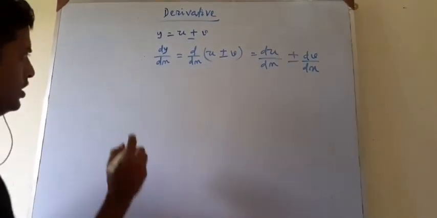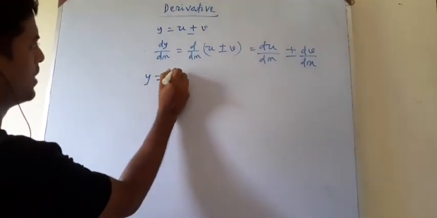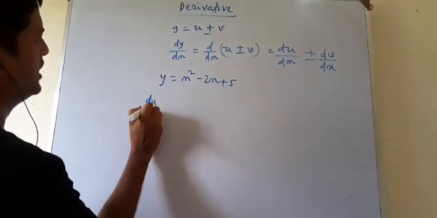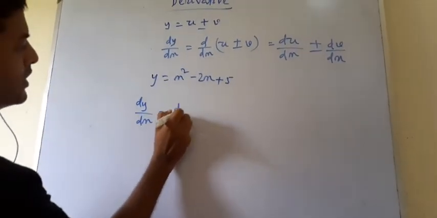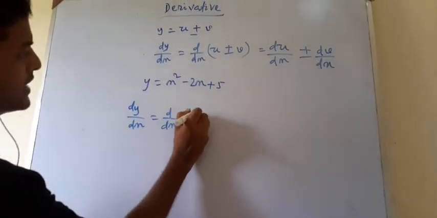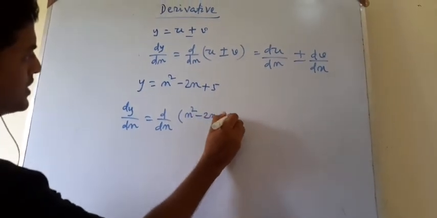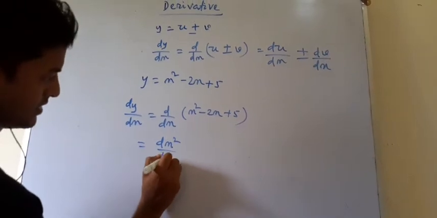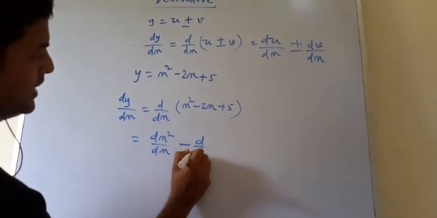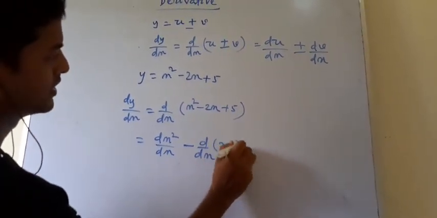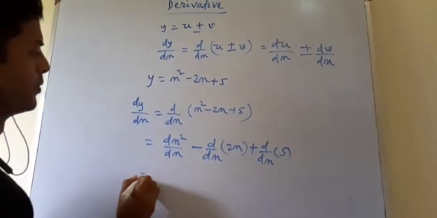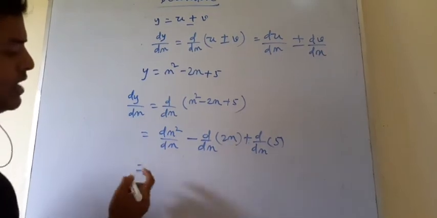Let me do an example. Let y equal x square minus 2x plus 5. Now dy by dx will be d by dx of x square minus 2x plus 5. It will be d of x square by dx minus d by dx of 2x plus d by dx of 5, just like your property. So this will be n into x to the power n minus 1.